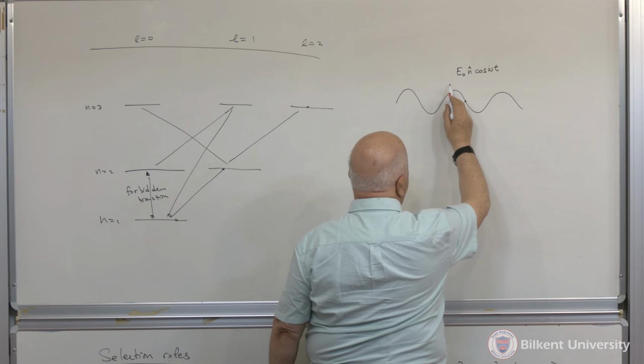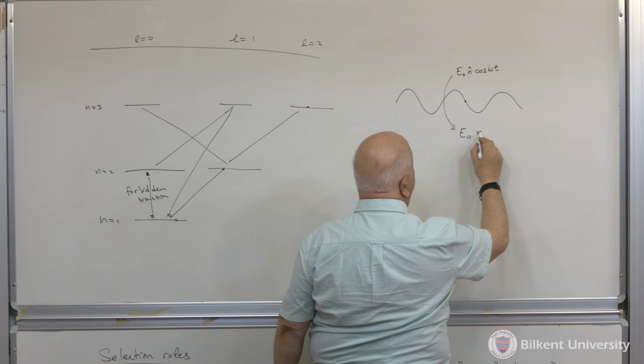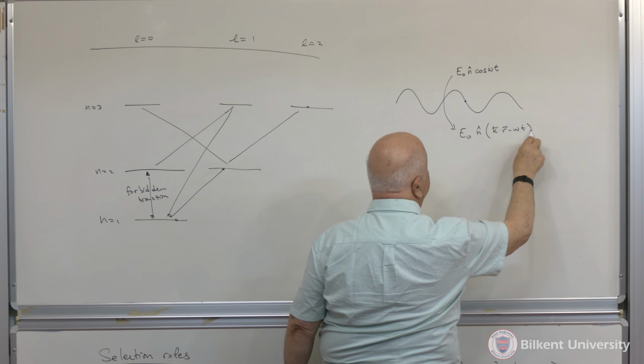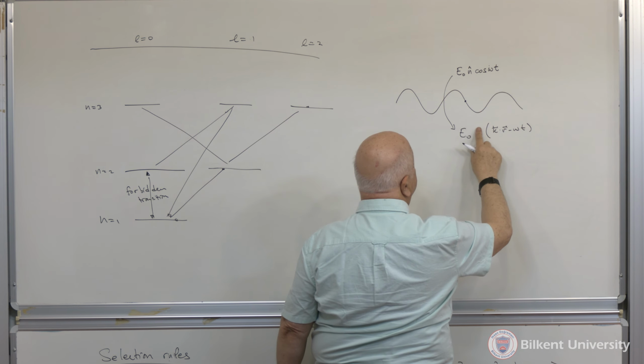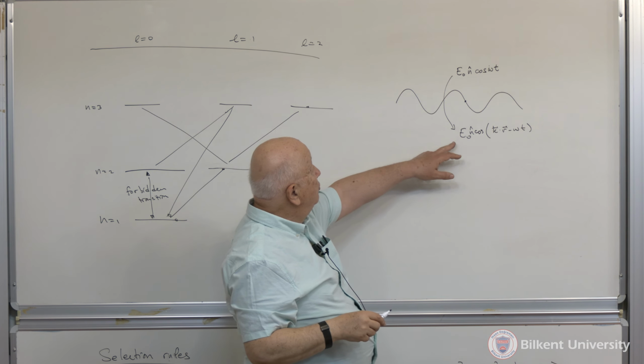But we really should have used something which looks like E0 n cosine of k dot r minus omega t. So we should really use this for the electromagnetic wave.